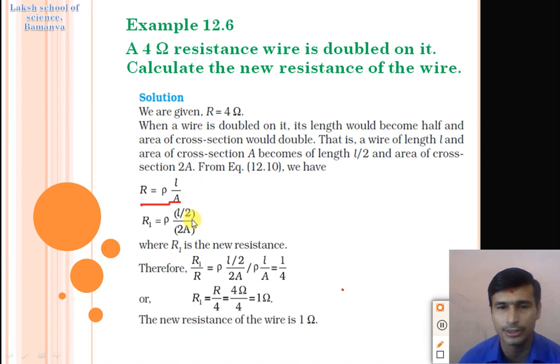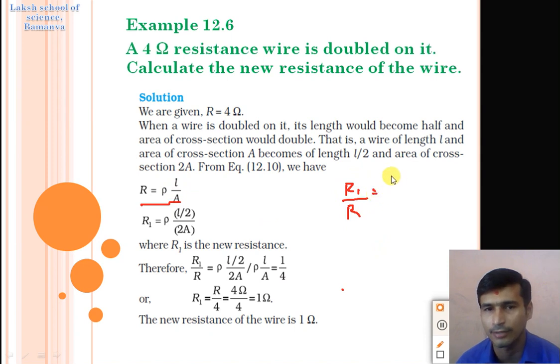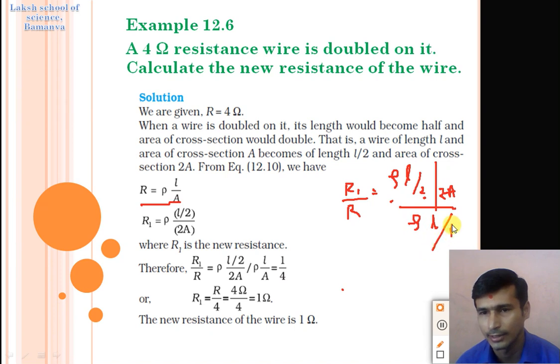So if we take the ratio of these two equations, R1 divided by R, we get rho L divided by 2 into A, divided by rho L divided by A. Instead of R1 we place rho into L by 2 divided by 2A, and divide by rho L by A. So here rho, L and A cancel.